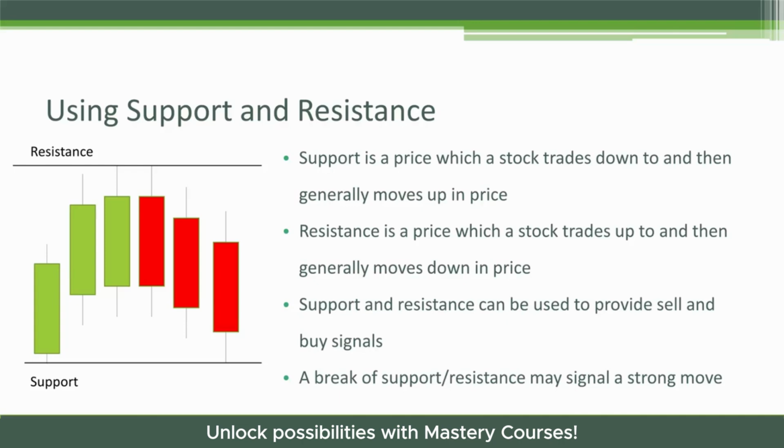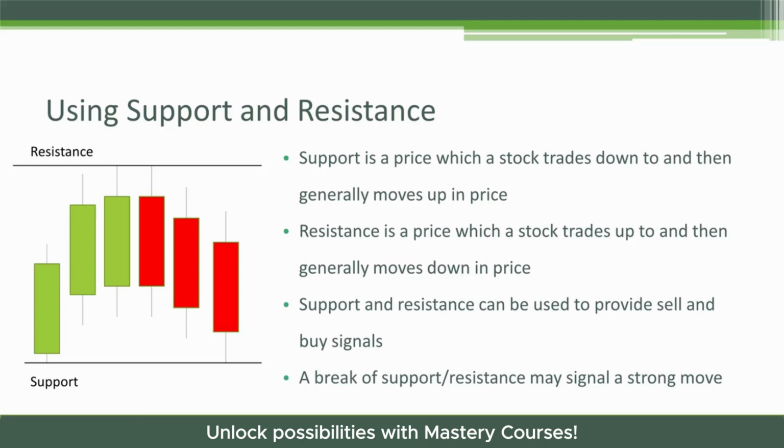A break of support or resistance may signal a strong move in the continued direction of the break for the stock. So a break through support may indicate that the stock is going to move down, and a break above resistance may indicate that the stock is going to move up.